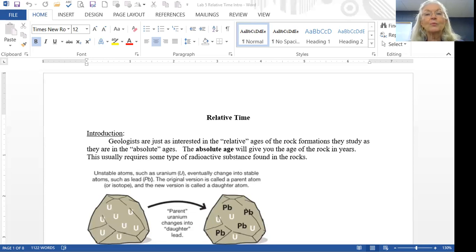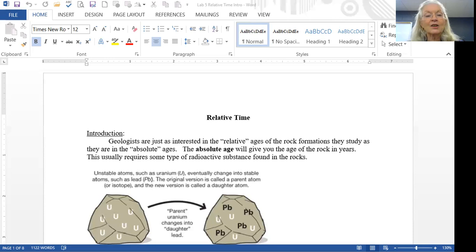And now to put the rocks together to form the geologic column, we start at the top and we work our way down. So this top unconformity would be the top layer, followed by limestone, followed by shale, then the second unconformity, followed by arkose, and then the conglomerate.